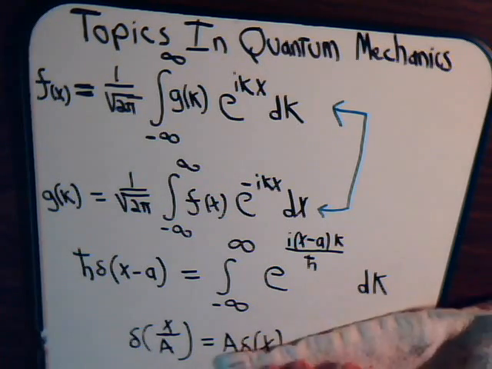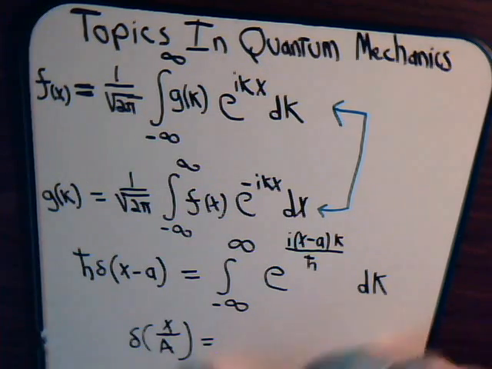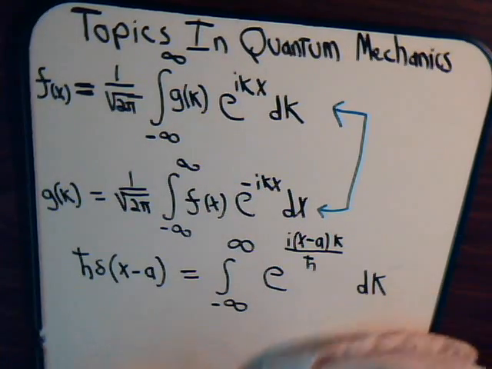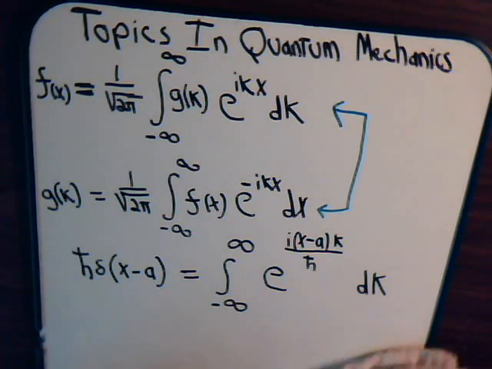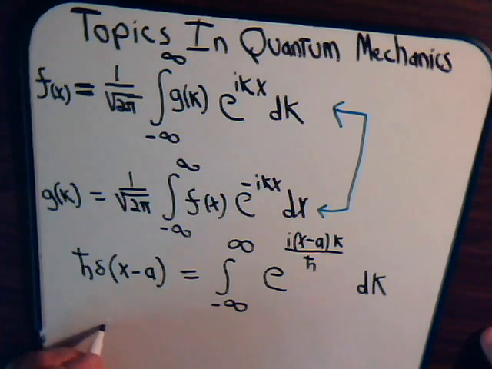Okay, now what we want to do is go back and talk about the eigenfunctions of the momentum operator. And in video number 12, we determined that the eigenfunctions had this general form.